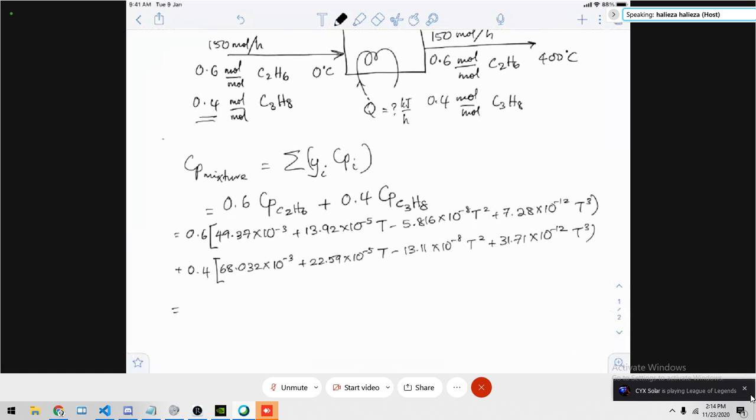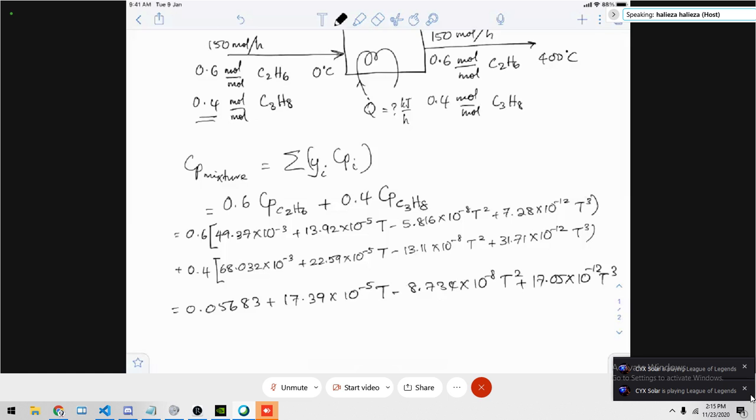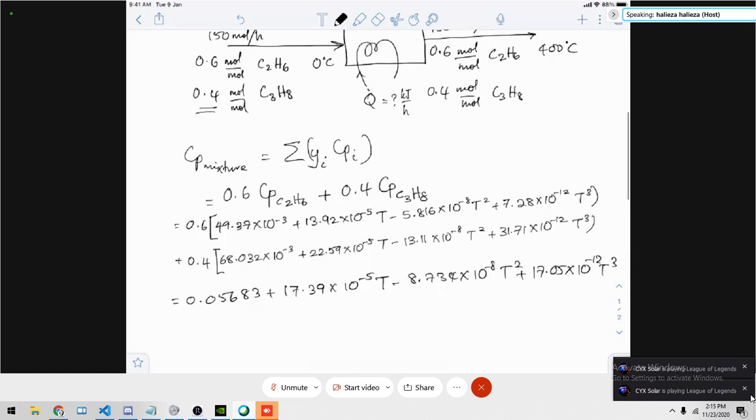This is going to give you 0.05683 plus 17.39 times 10 to the power of minus 5 T minus 8.734 times 10 to the power of minus 8 T square plus 17.05 times 10 to the power of minus 12 T to the power of 3. So that's the final equation for the mixture. This is for the mixture which contains ethane and propane.